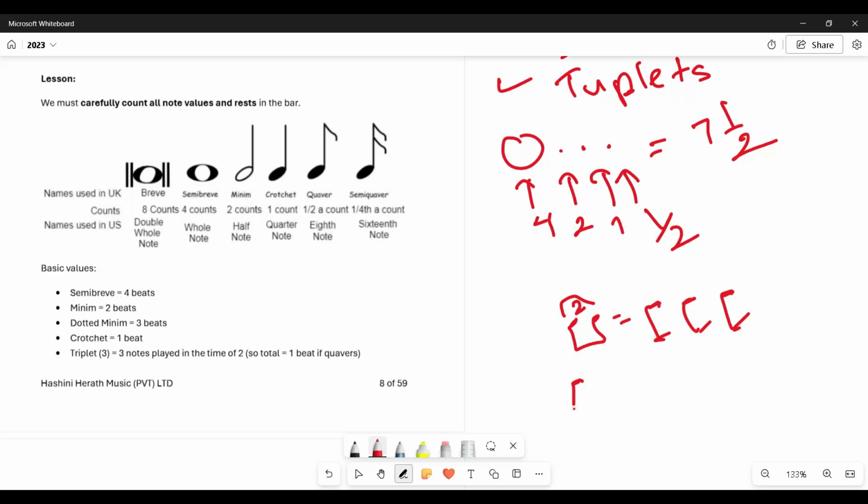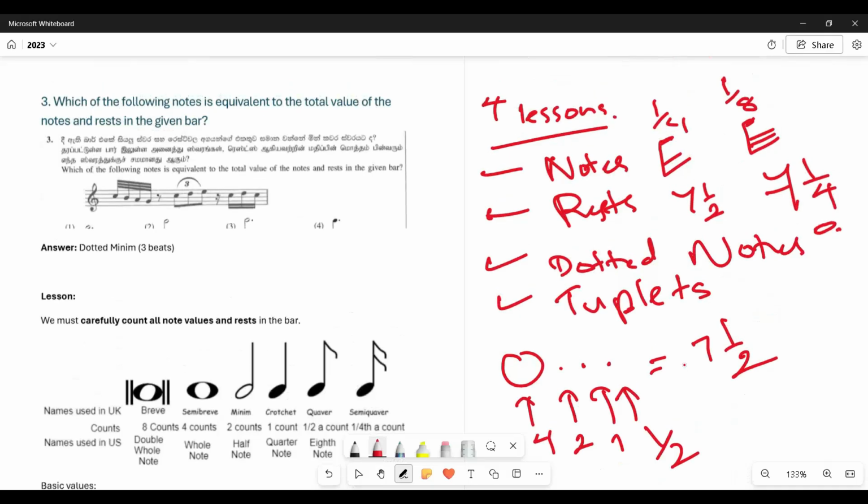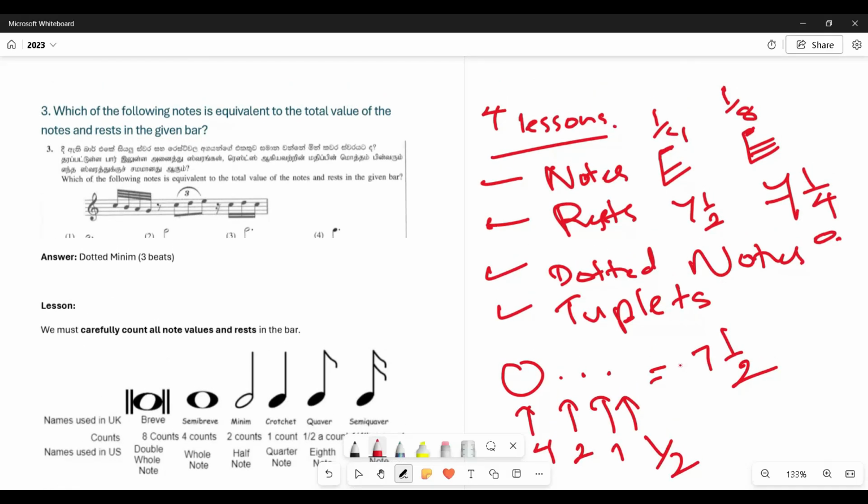If you are given 3 notes like this with a 3 on top and a slur like thing, you have to play it in 2 notes time. Those are the things needed for this lesson, this is the question.